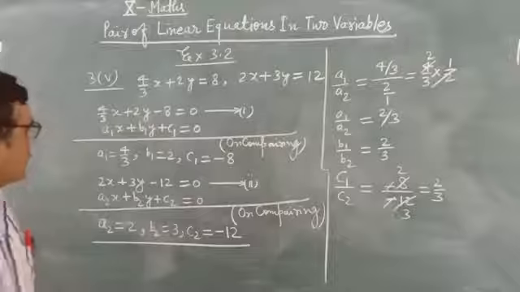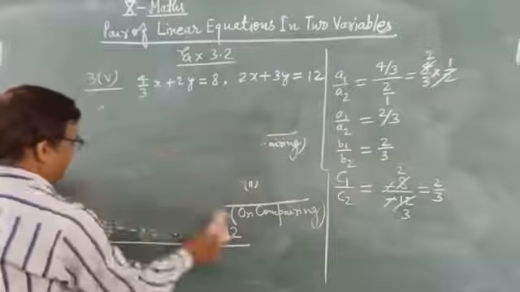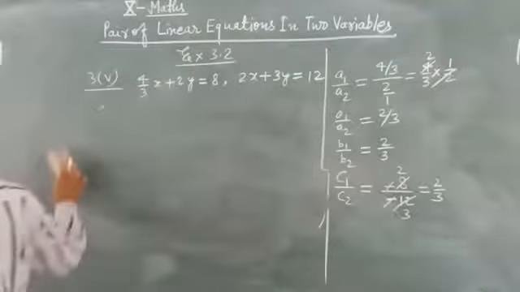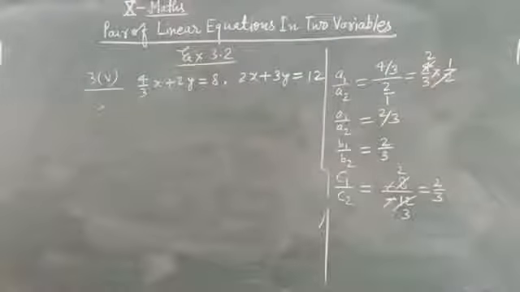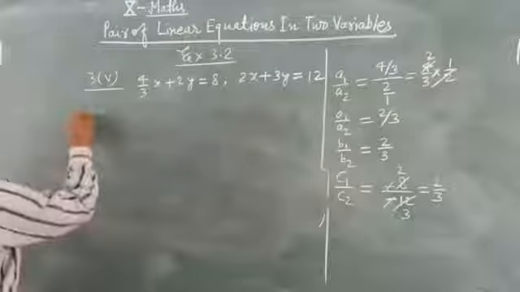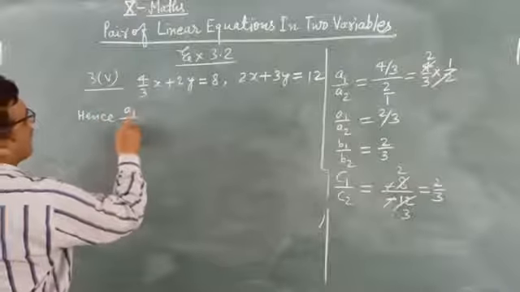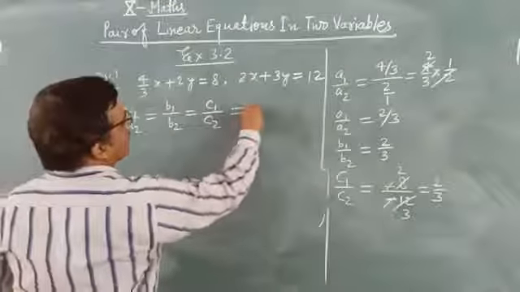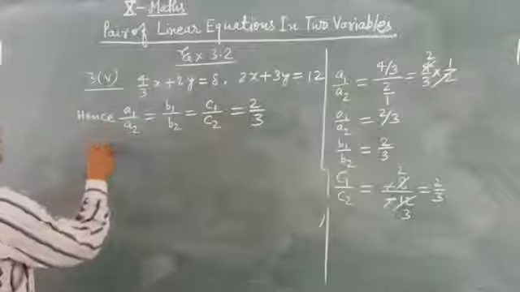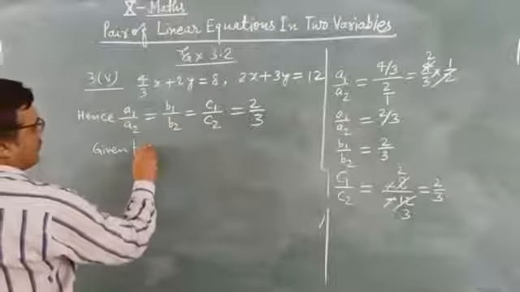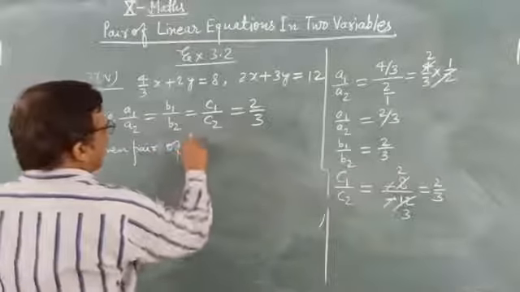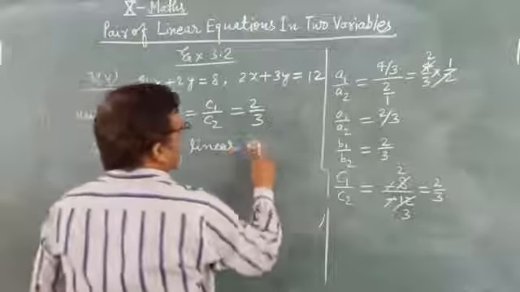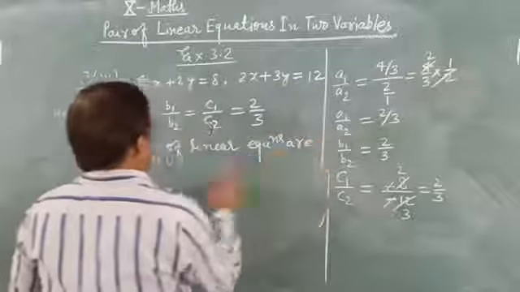So we can write: a1 upon a2 equal to b1 upon b2 equal to c1 upon c2 equal to 2 by 3, and the given pair of linear equations is consistent.